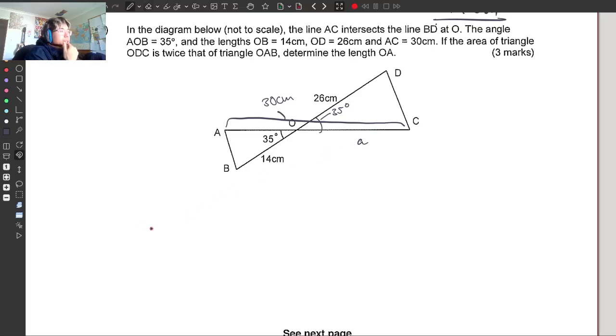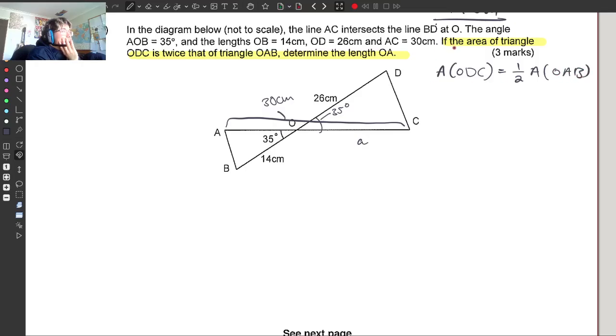So what we can say, we can use this important information here, which says that the area of triangle ODC is twice that of triangle OAB. That means that the area of OAB is equal to 1/2 of the area of ODC.